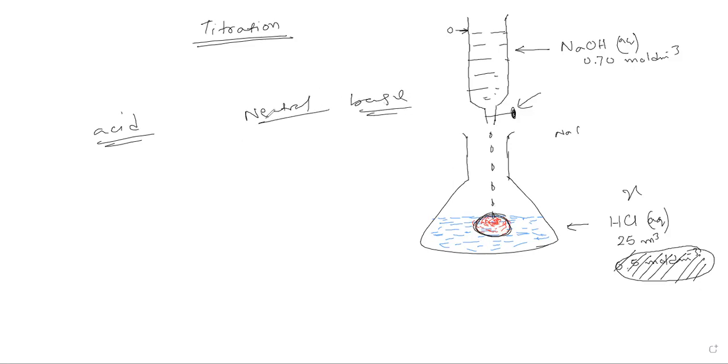Now let's say the reagent shows no color in acid. So we have placed the reagent in the HCl. When drop by drop the droplets are added, the neutral state also shows no color change. Why am I talking about neutral?